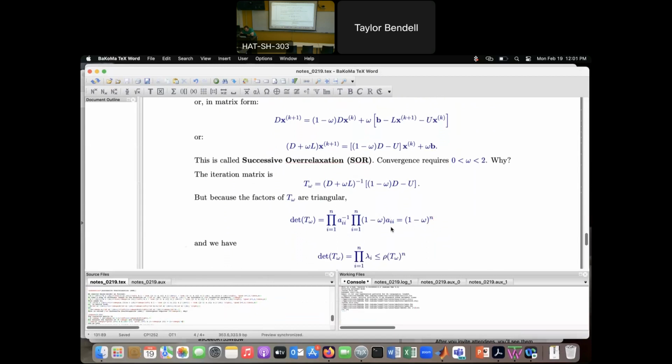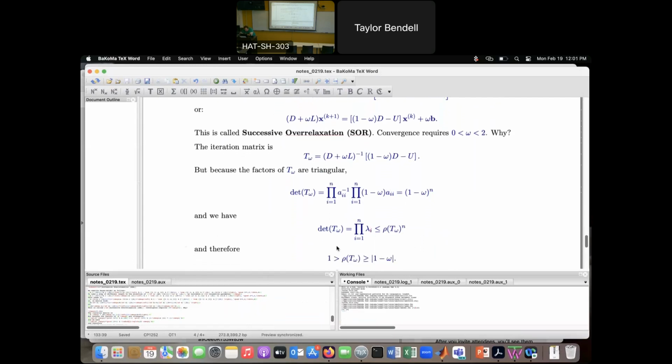But then I point out that the determinant of a matrix is the product of all the eigenvalues. And because it's the product of all the eigenvalues, that's less than or equal to the spectral radius raised to the n power. Like if all of these eigenvalues were equal in magnitude, I would be taking the spectral radius to the n power. So the determinant is equal to this, and the determinant is less than or equal to this.